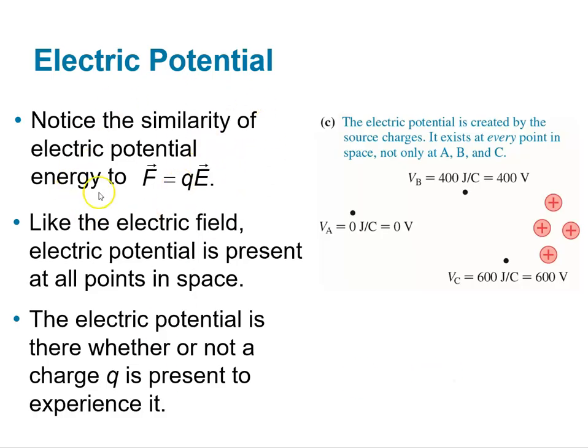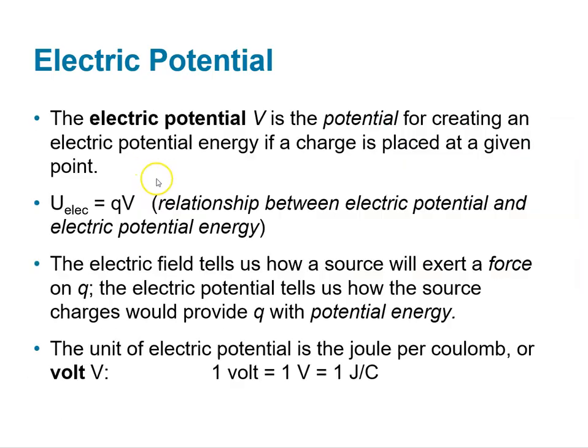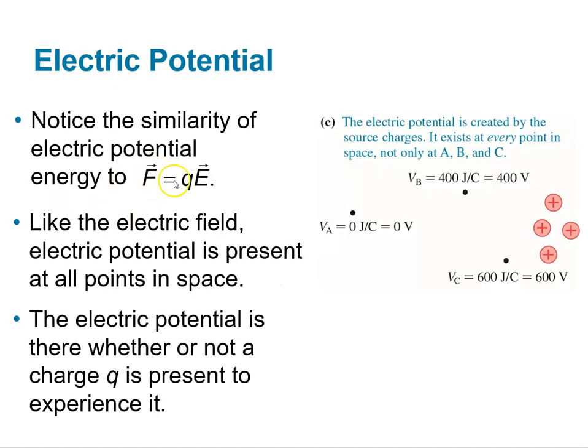And so it says, notice the similarity of electric potential energy to force is equal to Q times electric field. So this equation is set up the same way. Here we have potential energy is Q times V. Here we have force is Q times electric field.